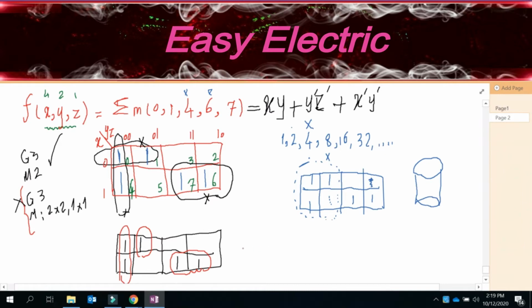So let me write the corresponding terms for this wrong selection. Let's see what happens. The first term is the same, which is x, y, no change on that. So just make sure which is which. The corresponding term for this is x prime, y prime, which is the last one. So the first term is the same, y prime, z prime is the same because we select the same thing.